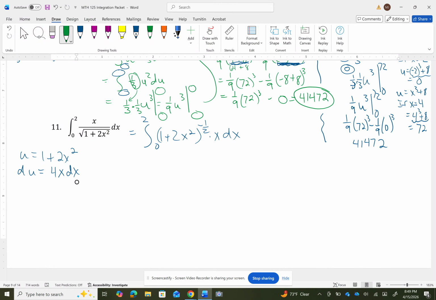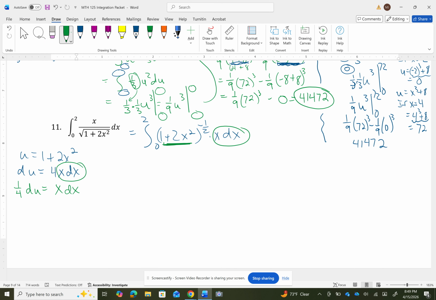Now I'm seeing where I want to make my substitutions. I want to put a u there, and I want to replace this x dx. So I want to see what to substitute in for that x dx. So I'm going to just multiply by 1/4 on both sides to get what the x dx would be.